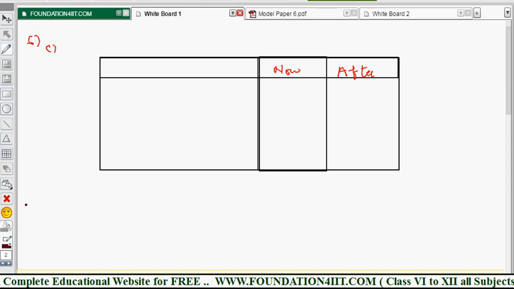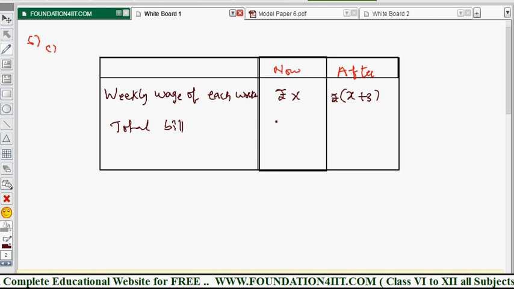So if you observe the weekly wage of each worker that is present is rupees x, but they increase 3 rupees, that means afterwards it is rupees x plus 3. Okay, and the total bill also reduced. So present is 816, it's reduced to 781. So it's given in the question.